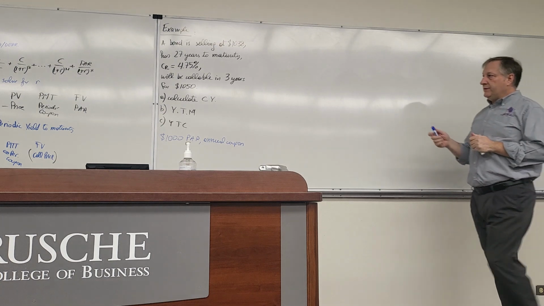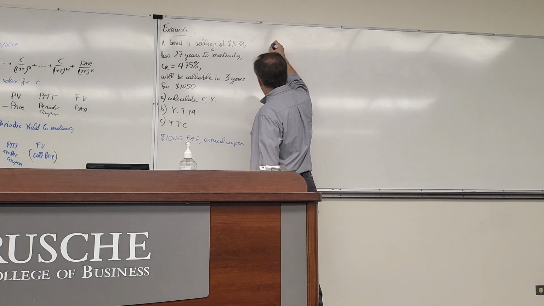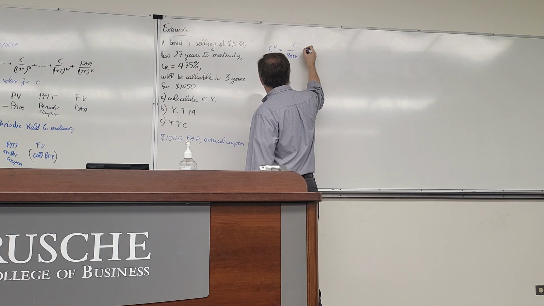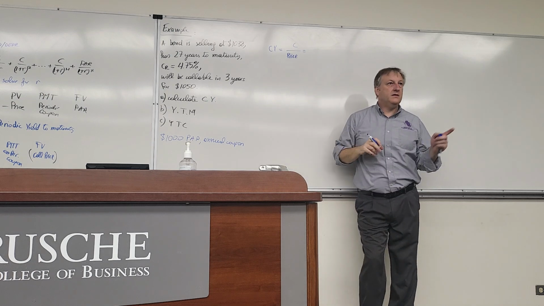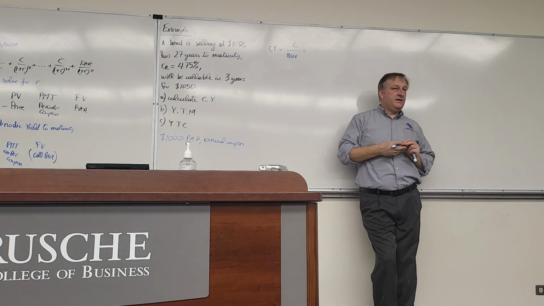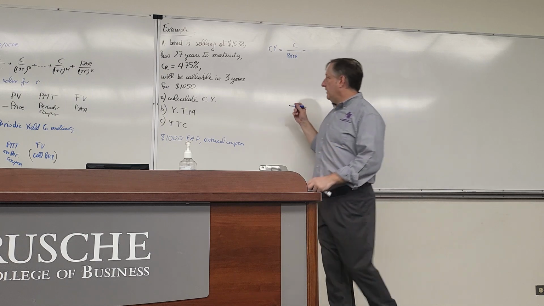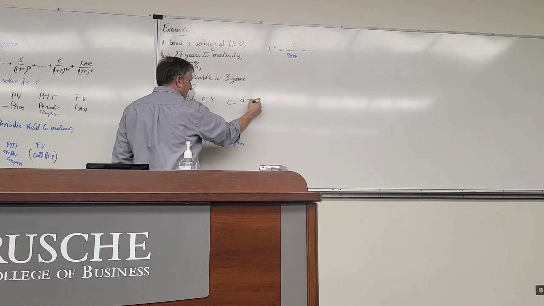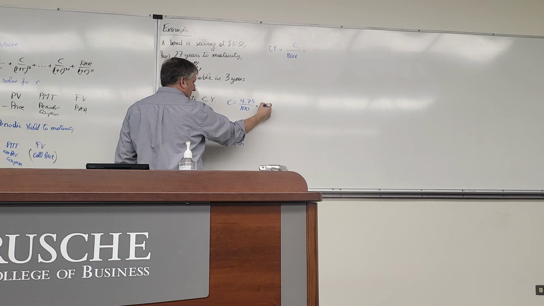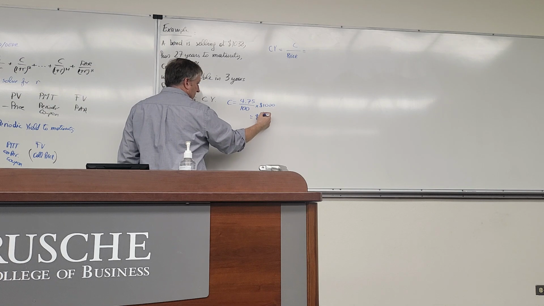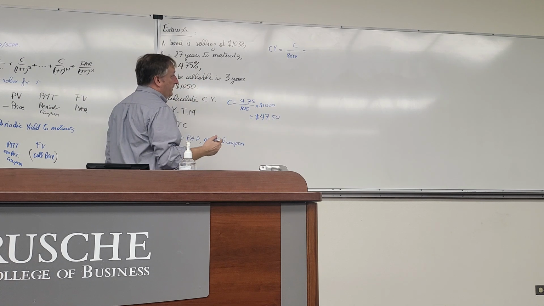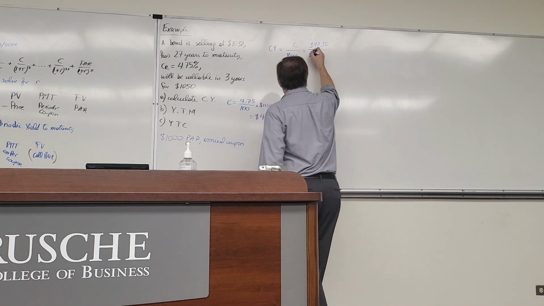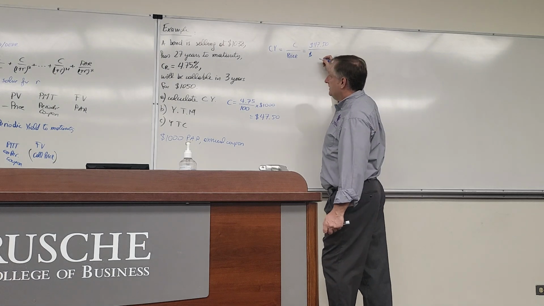All right, so let's start with the first one, current yield. Coupon divided by bond price. So what is the yearly coupon of this bond? 4.75% of $1,000. So let's calculate the coupon here: 4.75% times $1,000 is $47.50, divided by the price of this bond, 1,038.